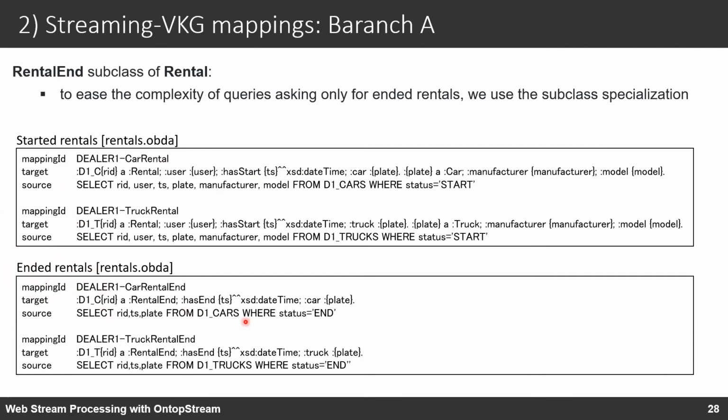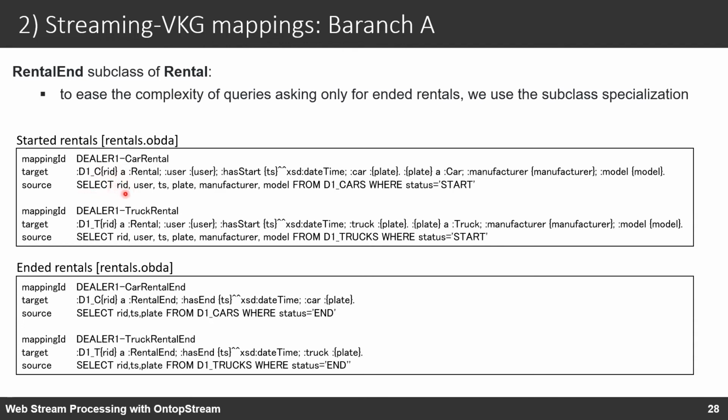So when the status is end in our Flink table, we say that this thing here is a rental end, and we will also add some information here. Taking into consideration that all these things here in curly brackets are the fields which are selected from our Flink SQL query.